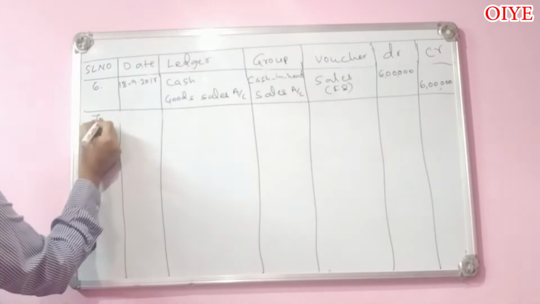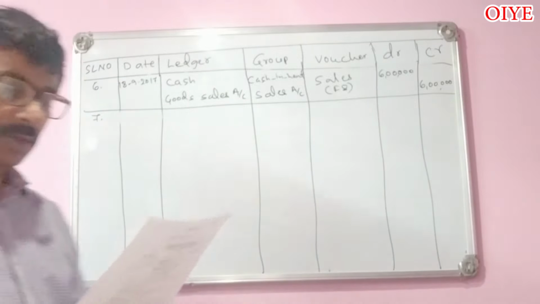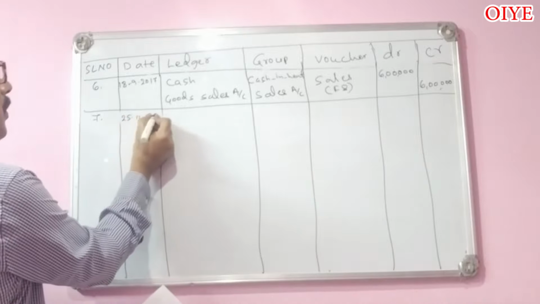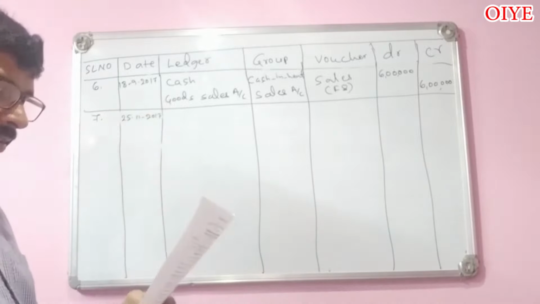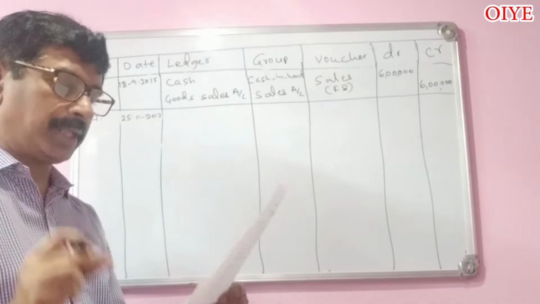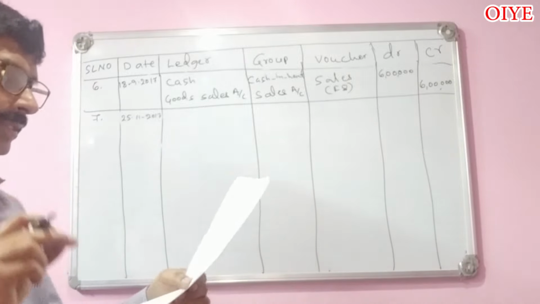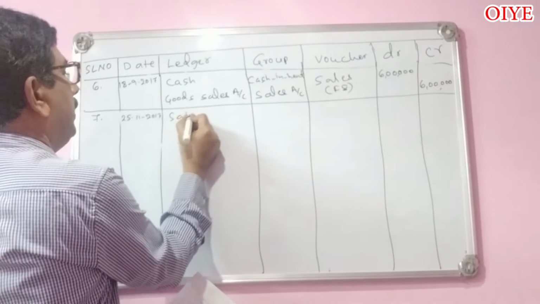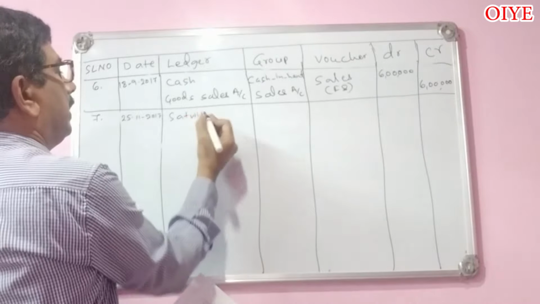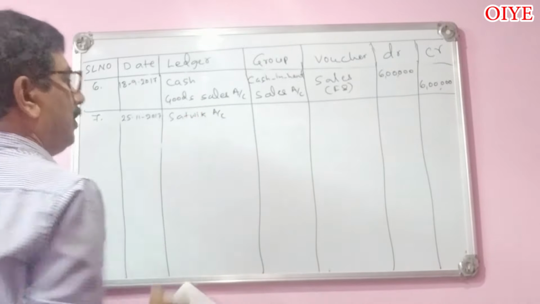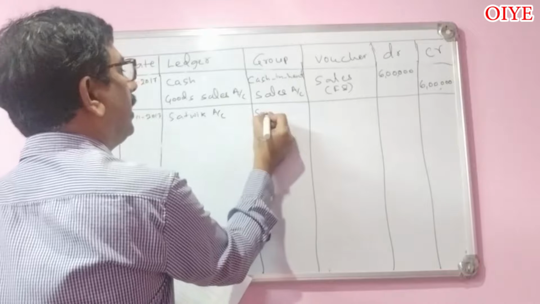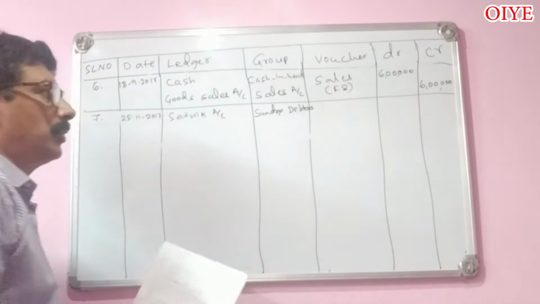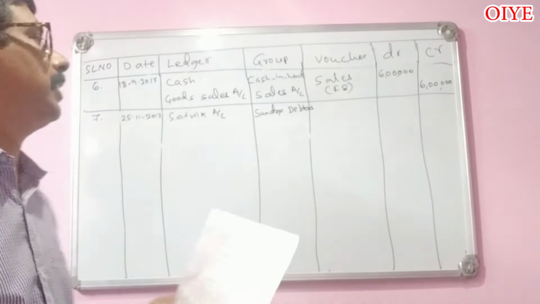7th one, 25/11/2017, sold goods to Mr. Satvik on credit, rupees 3 lakh. Again, on the debit side we will place the debtor's name, Satvik account under sundry debtor. Customers we take as sundry debtors.